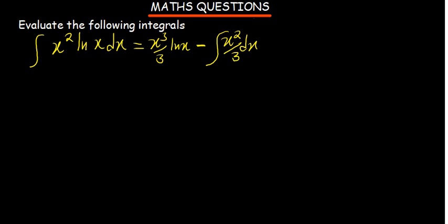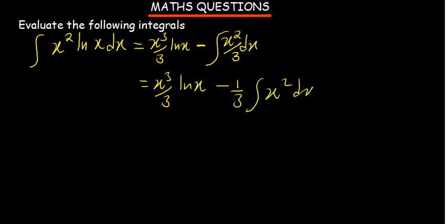Yes. Alright, so after then, now we can say this is equal to x to the power 3 over 3 natural log of x minus, I'll bring out the 3 in the denominator because it's a constant outside the integral. Then we remain with the integral of x squared dx. So this is going to give us x to the power 3 over 3 natural log of x minus 1 over 3 integral.